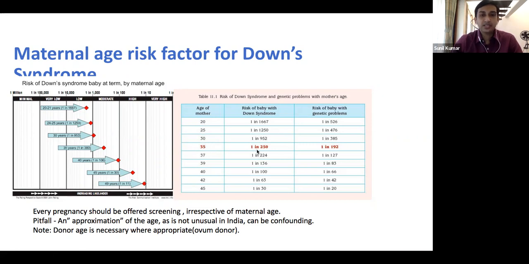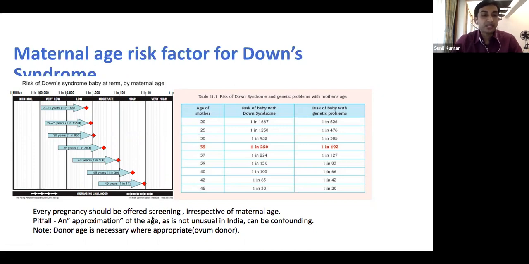So if you see here, this change in the risk happens when the mother's age crosses 35 years. 1 in 250 means if 250 women of 35 years give birth, at least one pregnancy would be a Down syndrome baby. So this is a high risk group. At 45 years, it is 1 in 30, every 30 pregnancies will have one Down's baby. So every pregnancy should be offered screening irrespective of maternal age.